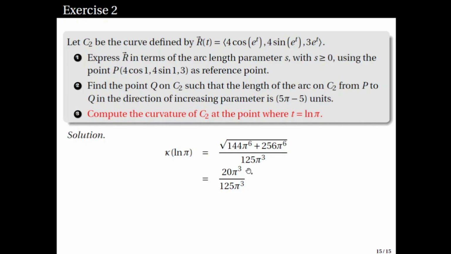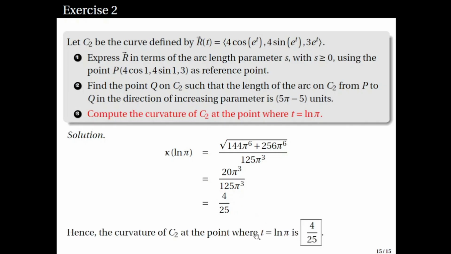Taking the square root, you should get 20 pi cubed. Then you have 125 pi cubed. So cancel out pi cubed, and expressing this in lowest terms, you'll get 4 over 25. Hence, the curvature of C2 at the point where t equals ln pi is 4 over 25.